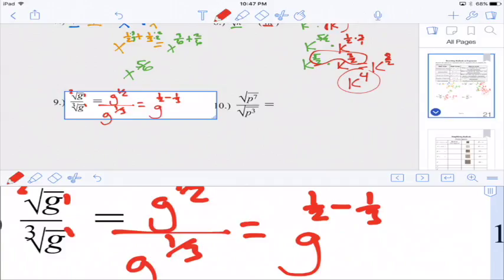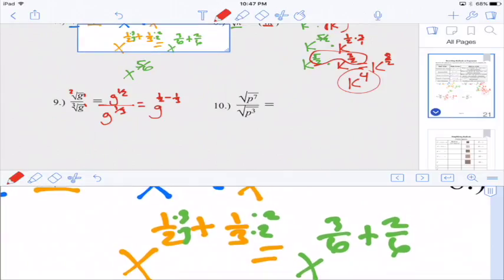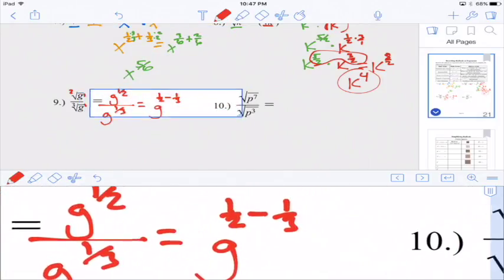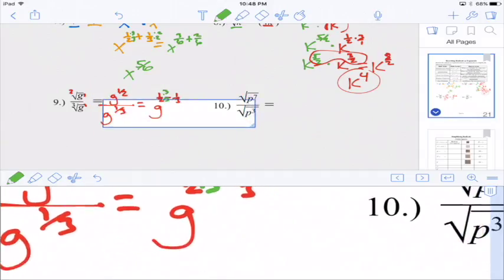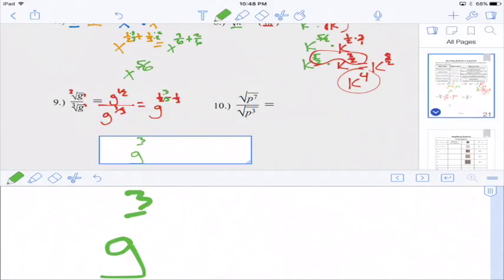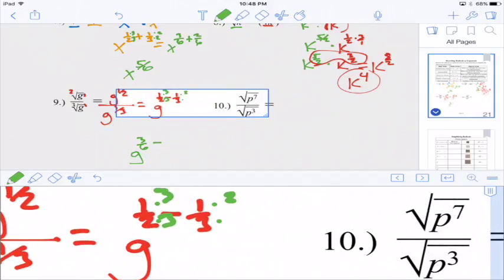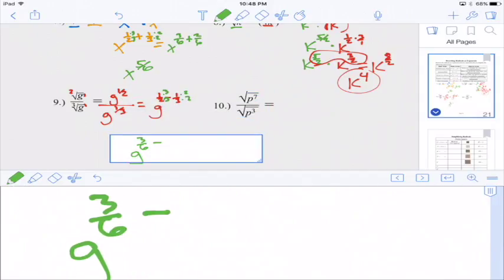And just like on this one up here, I'm going to convert them into sixths. So I can subtract. I'm going to multiply this by 3. So I get g to the 3/6 minus, multiplying this times 2, minus 2/6.